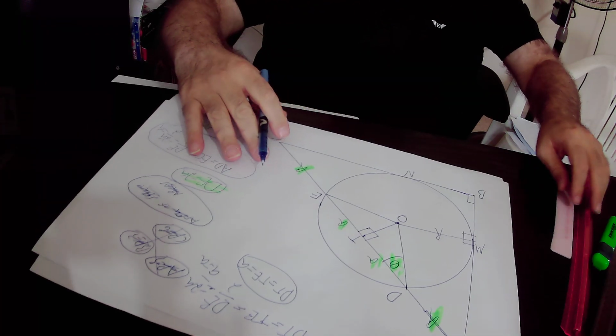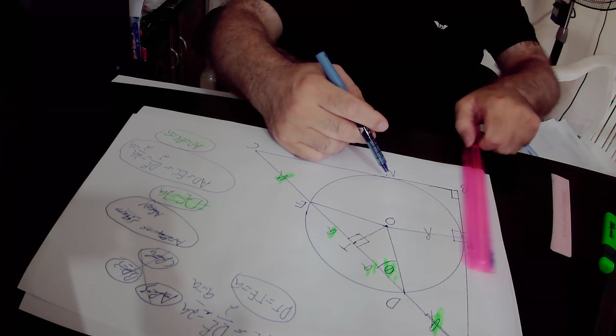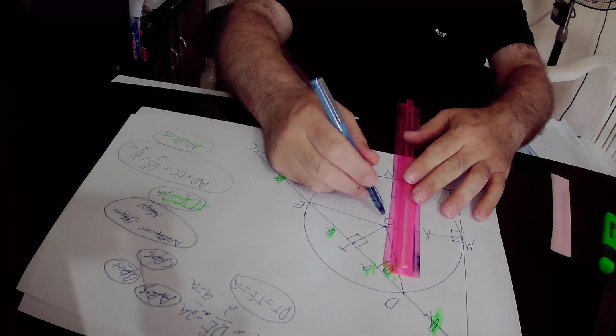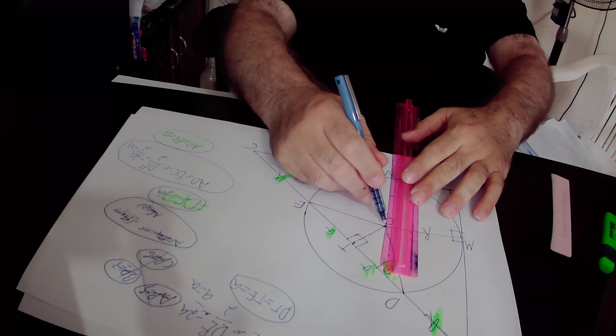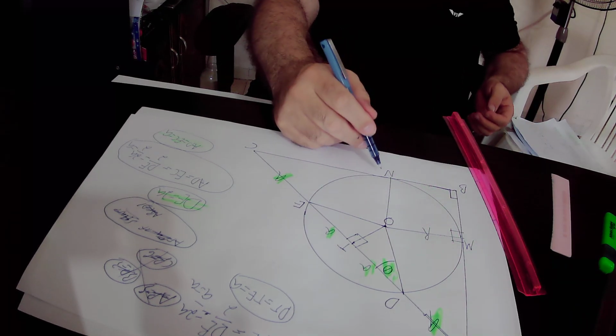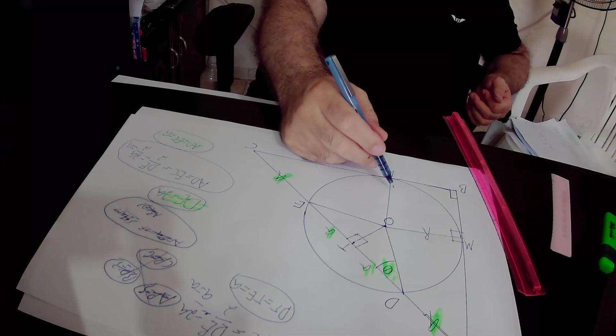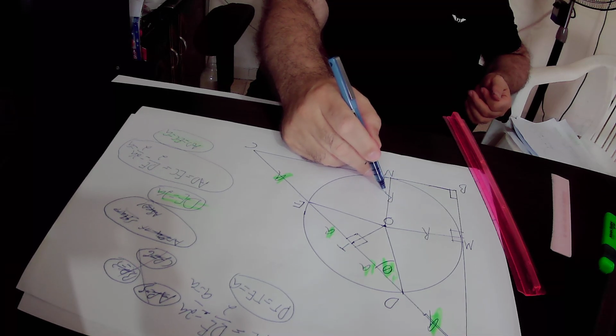We will join points O and N together by a straight line. Point O is the center of the circle, point N is the point on the circle itself, therefore ON is the radius of the circle that is equal to R according to our definition.